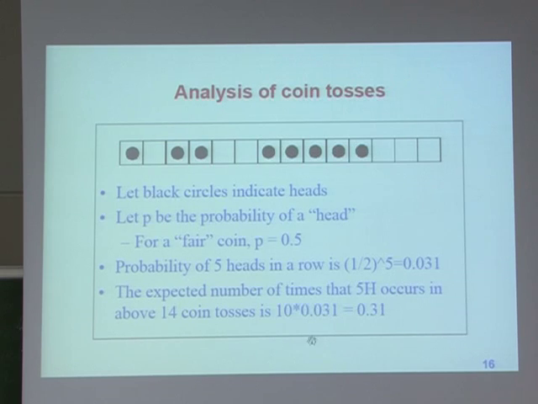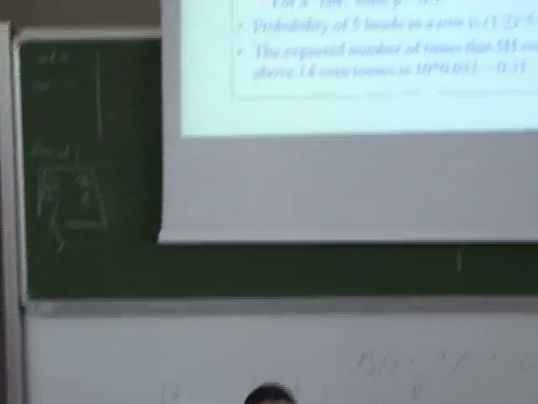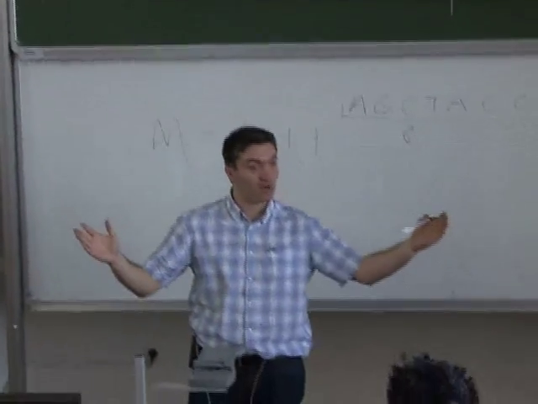So the expected number of the occurrence of 5 heads is 0.31. This is what the e-value of this experiment is. So in other words, if you perform this 100 times, you would expect to see 3 runs of 5 heads in a row in these 100 coin tosses.